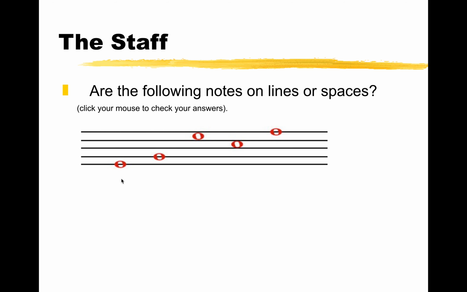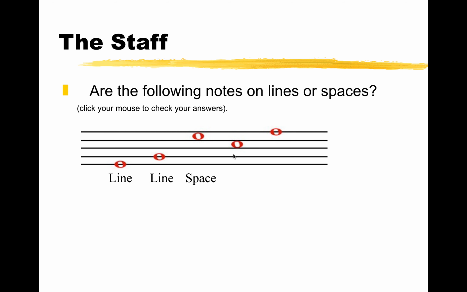So let's see if you can answer along with me. The first note right here, is that a line or a space note? That's a line. The second note is also a line note. What do you think the next note is here? That's in between the lines. That's a space note.